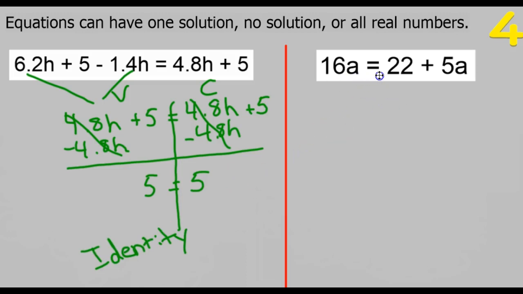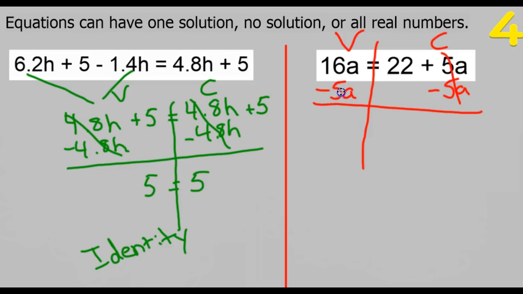Here I have 16a equals 22 plus 5a. So I'm going to solve this like I would any other problem. I'm going to make a variable side and a constant side. Subtract 5a from the constant side to get it to the variable side.